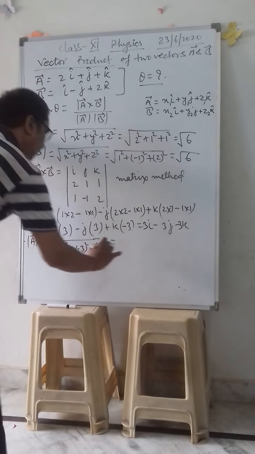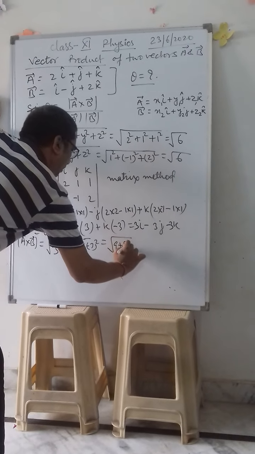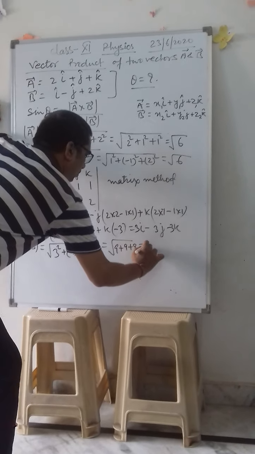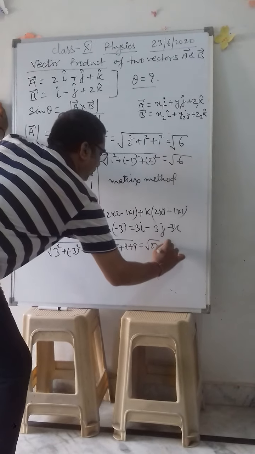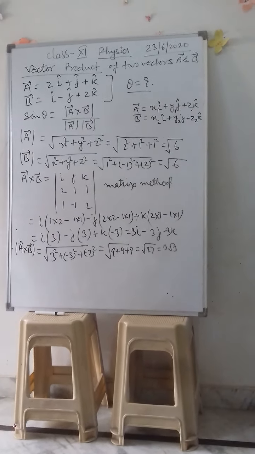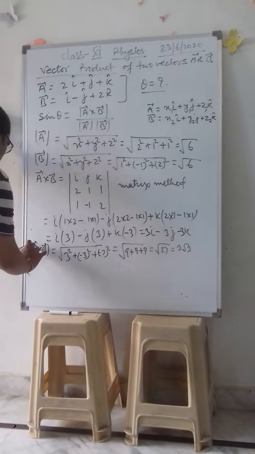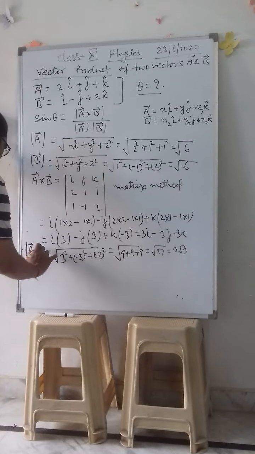It means 9 plus 9 plus 9, under root 27. It means 3 root 3. This is the mode of A cross B.